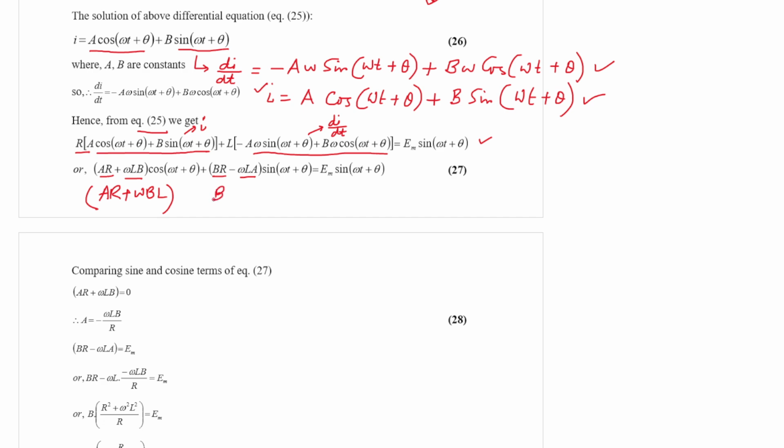So we have BR minus omega AL. This is with sin(omega t plus theta), and the other with cos(omega t plus theta). With this we have Em sin(omega t plus theta).